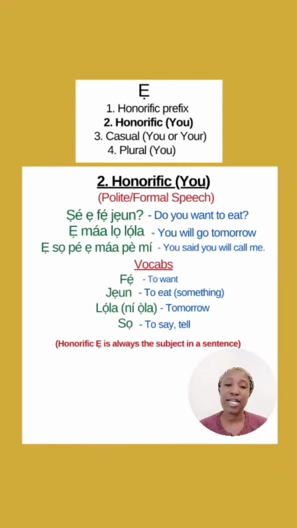Okay, let's look at the vocabularies in these sentences. The first one is fẹ́. Now, fẹ́ has a lot of different meanings. Fẹ́ can mean to want. Okay, I want this, I want that. Mo fẹ́ eléyìí, mo fẹ́ yẹn. Fẹ́ can also mean to date.